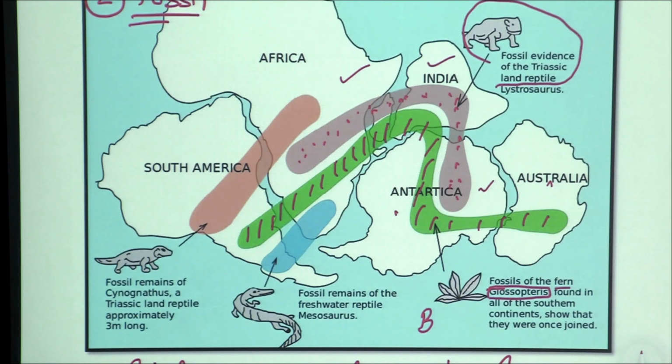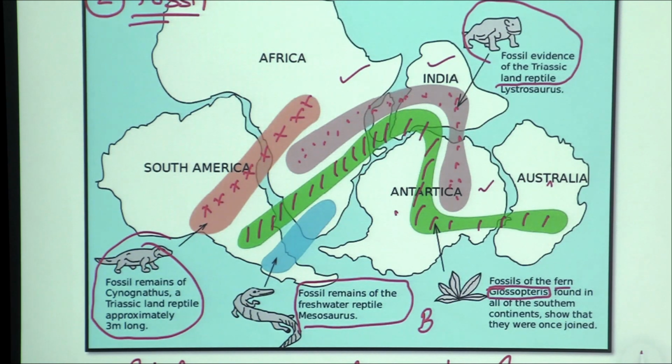Another land reptile mentioned here has its fossils in South America and Africa. And mentioned dominantly in our NCERT is this Mesosaurus, the fossil remains of a freshwater reptile, which has the least extensive area.